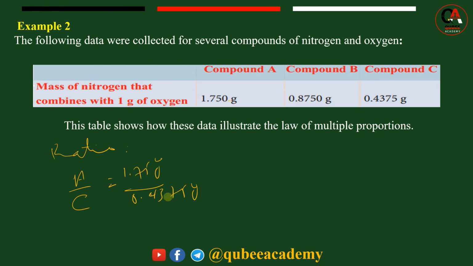The ratio of nitrogen in compound A to compound C gives a 4 to 1 ratio.